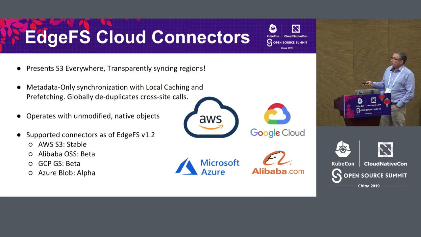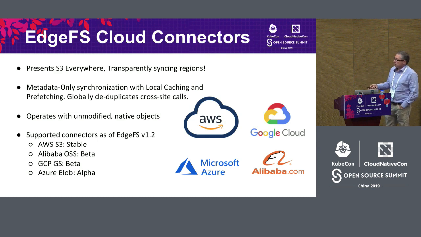A little bit more about EdgeFS cloud connectors and what we do. Most importantly, when you're talking about cloud, you're talking about object storage, right? So we're talking about S3 everywhere, transparently syncing regions. Metadata-only synchronization is critically important with local caching because otherwise you're going to be paying double and maybe triple, depending on how many connected sites you have.